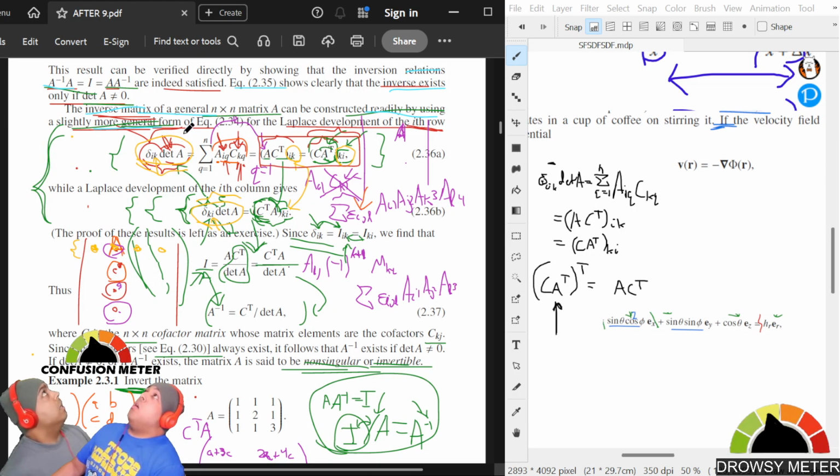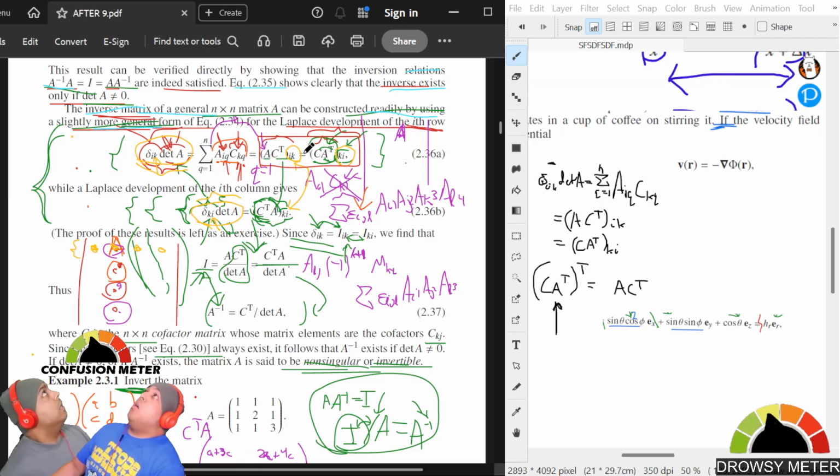Wait, how does this... Wait. Okay, okay, okay. C is the cofactor matrix, right? Yeah, so it's not as simple as A, B, C, D. Okay, yeah, I can see it making sense then.